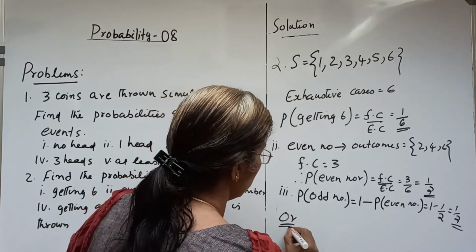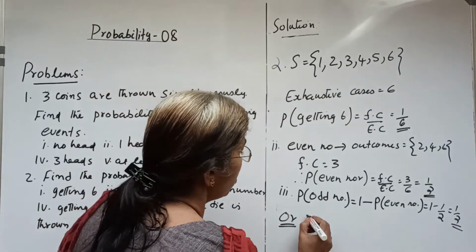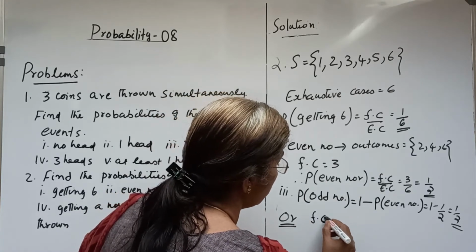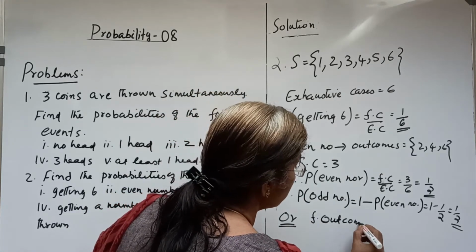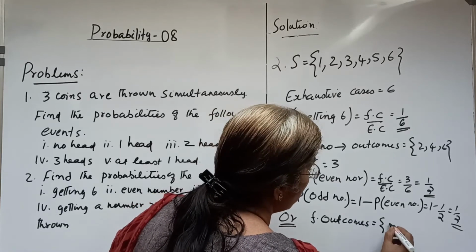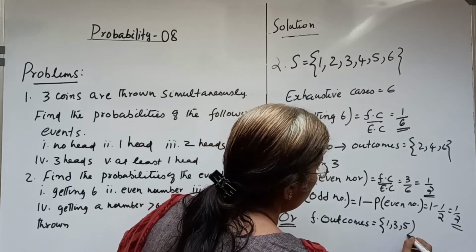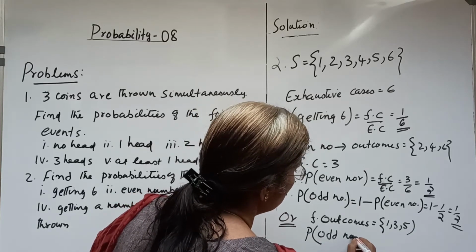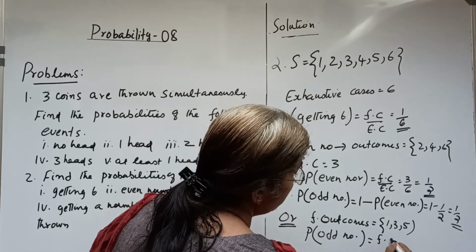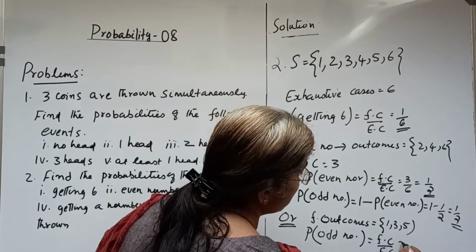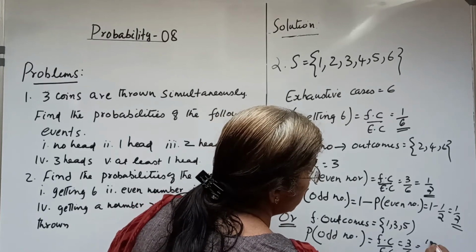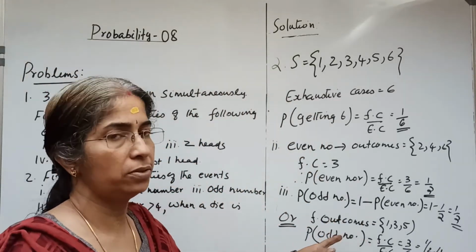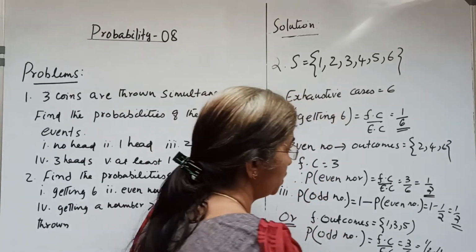The second method is, favorable outcomes are 1, 3, 5. Therefore probability of odd number equals favorable cases divided by exhaustive cases, equal to 3 by 6, equal to 1 by 2, the simple method.